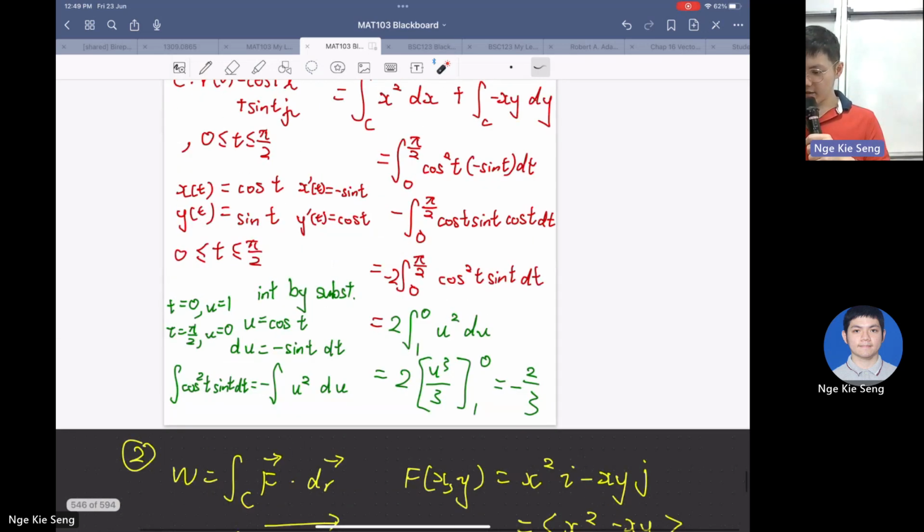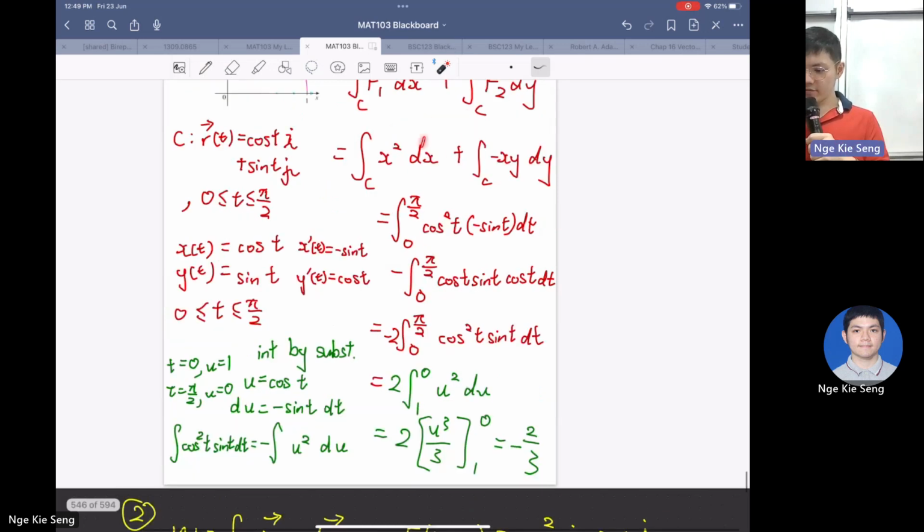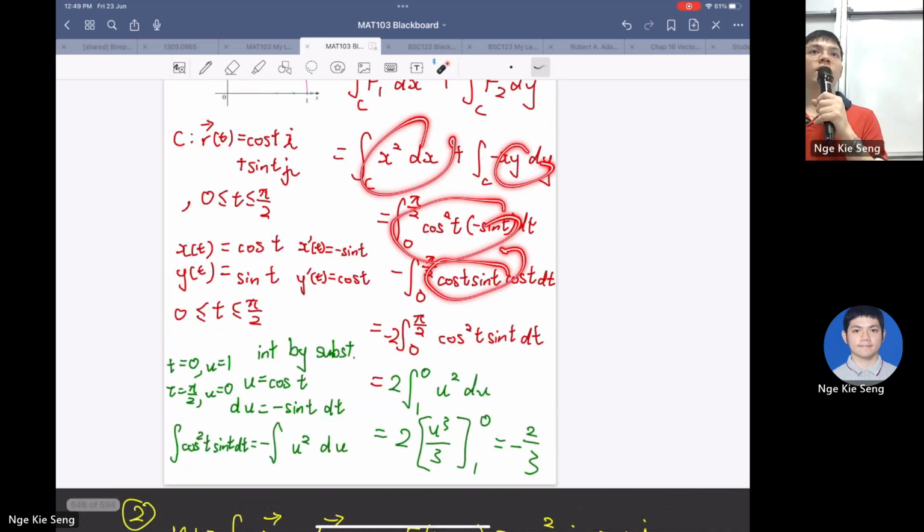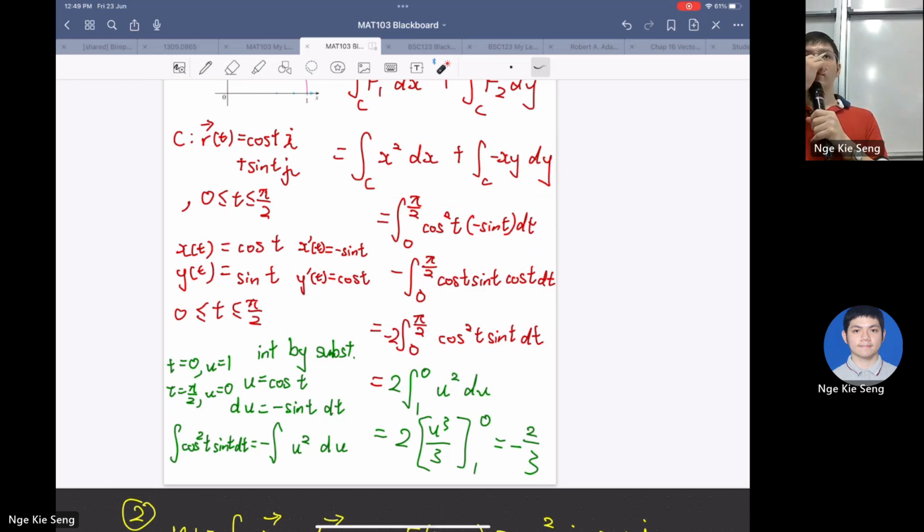Can you see this is what we did just now? So you can start with any method you like. But for the inner product one, later when you do surface integrals, that one will become more apparent. Later we will need to use the dot product in the surface integral.